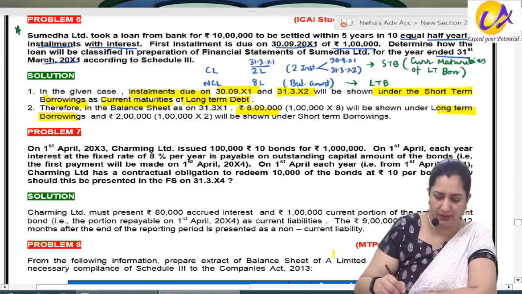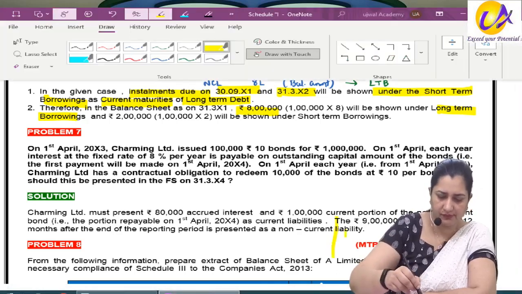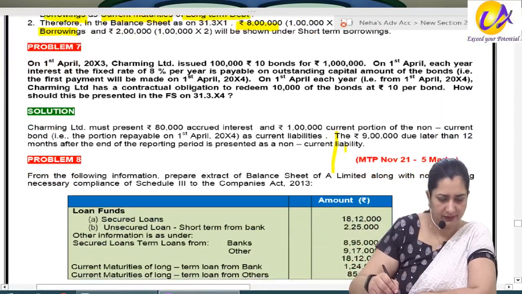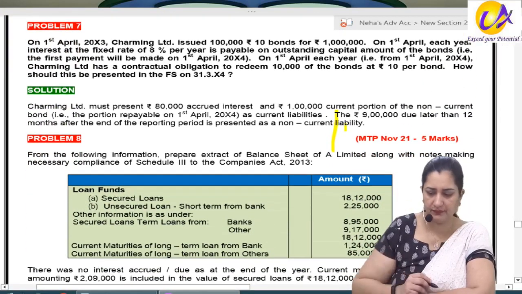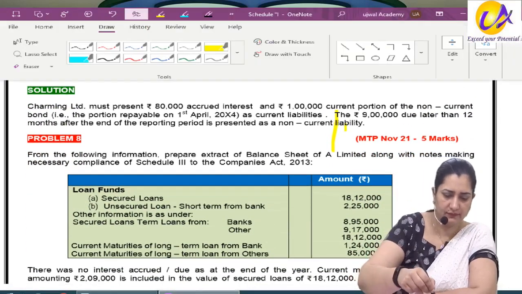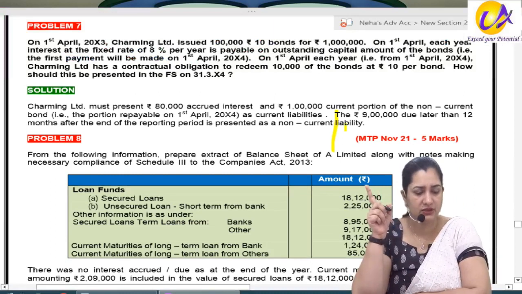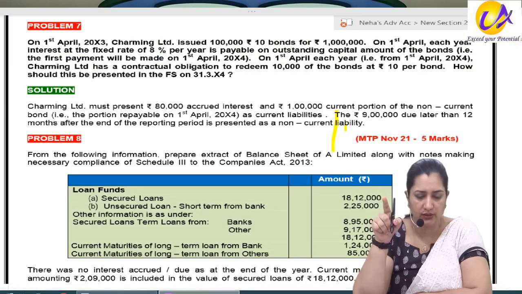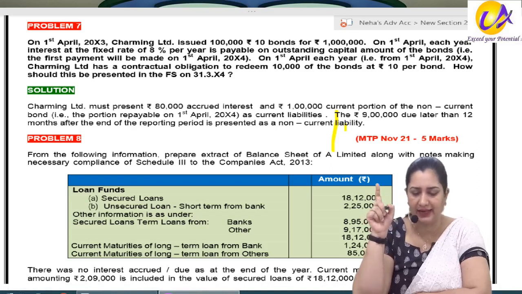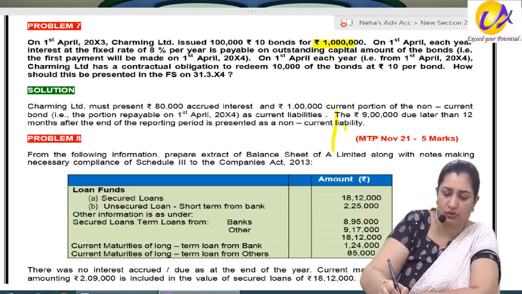Okay. Problem number 7. On 1st April X3, Charming Limited issued 1 lakh 10% bonds for 10 lakh rupees. So they have issued bonds.